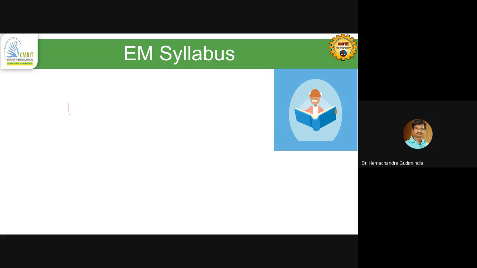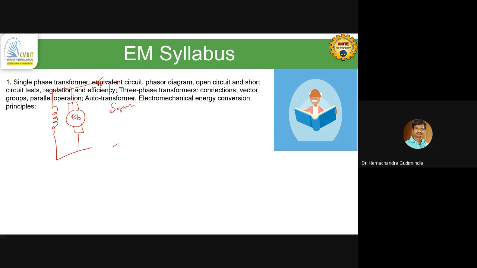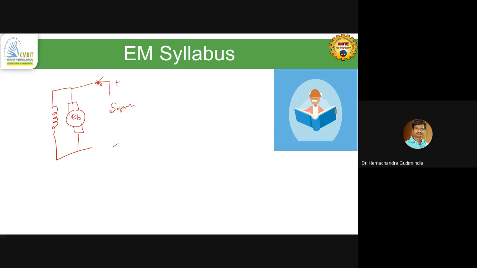Now let us take here, it is my shunt field. I just assume here it is the shunt field. So here it is the supply. What is happening? Here I am connecting one more resistor.